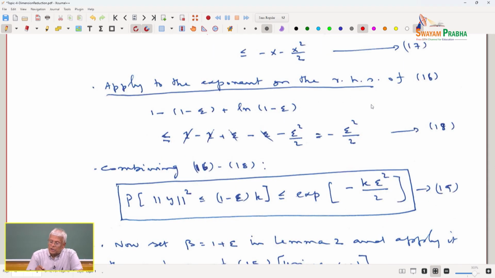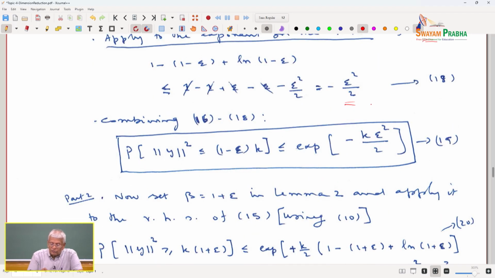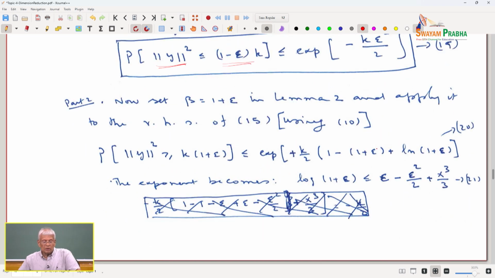If you simplify that, it becomes minus epsilon square by 2, and that essentially tells you the probability that y square is less than or equal to 1 minus epsilon times k is exponential of minus k epsilon square by 2. Now set beta equal to 1 plus epsilon in lemma 2.